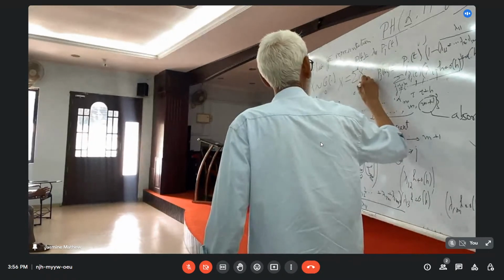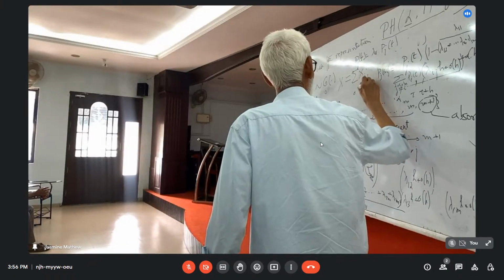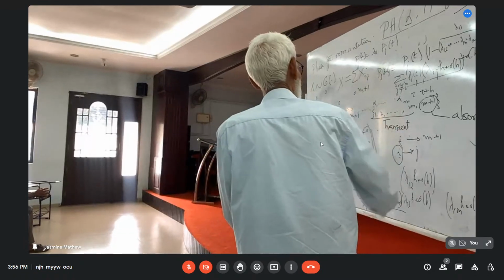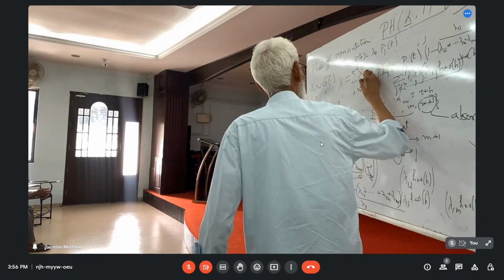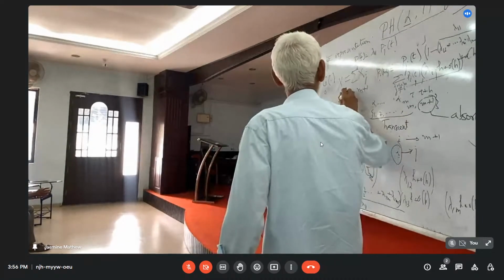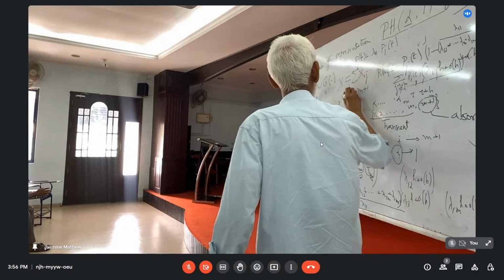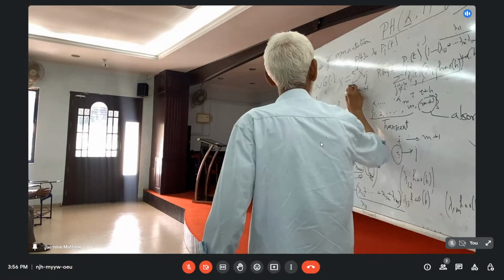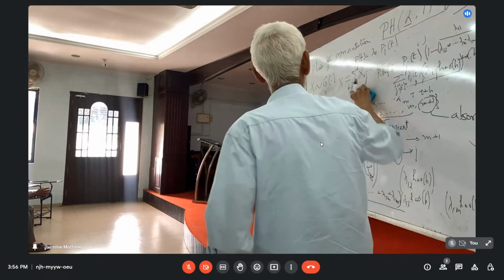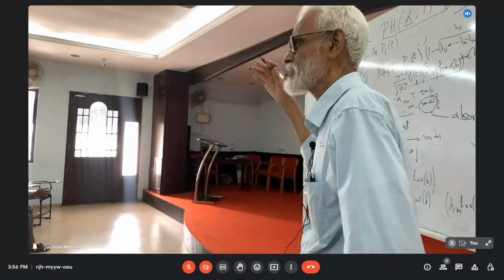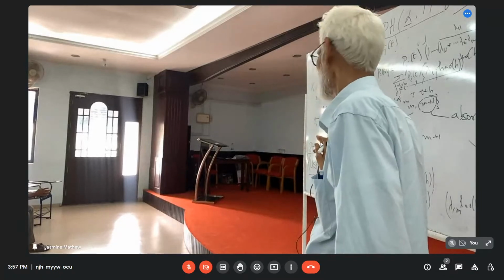So I1 to Ij, I1 to A1, this notation is not right. Just write Xij with i not equal to j. But even then it is not complete. This notation is not complete because after this, transitions can go on indefinitely before getting absorbed.